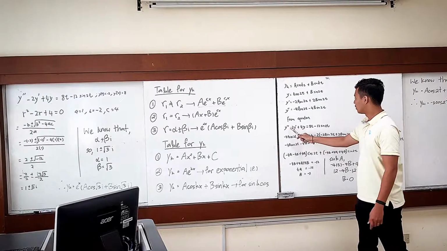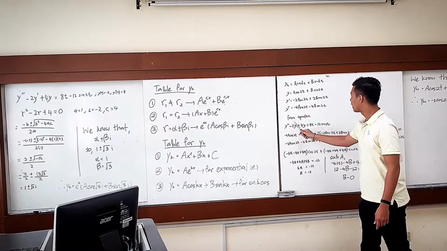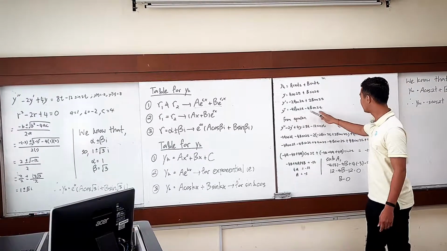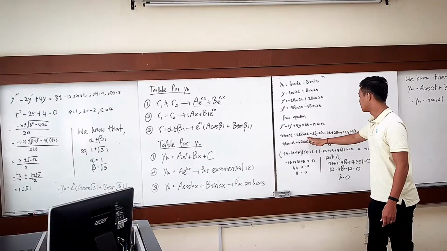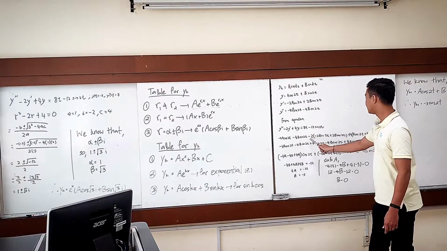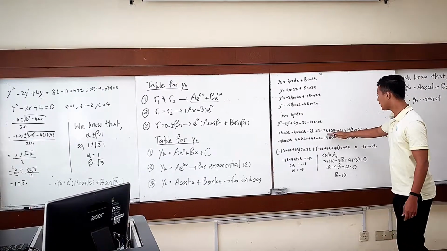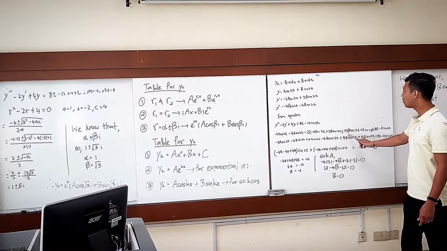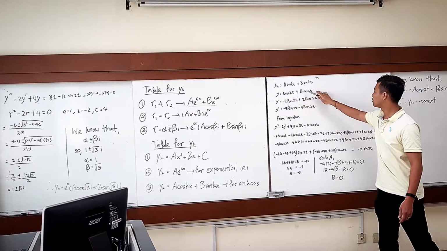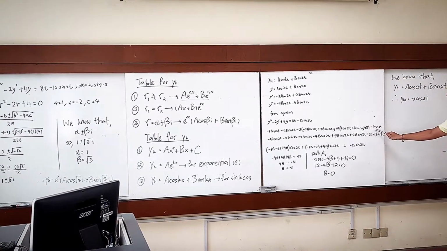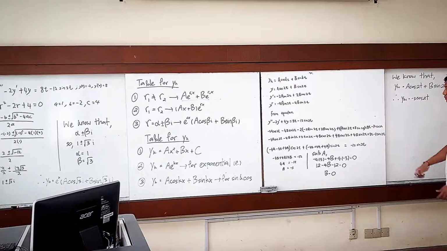For y double prime, we already found it. Just substitute inside, then minus 2y prime, plus 4y, put inside, equal to 8t minus 12 sine 2t.